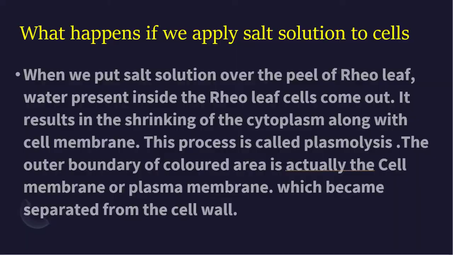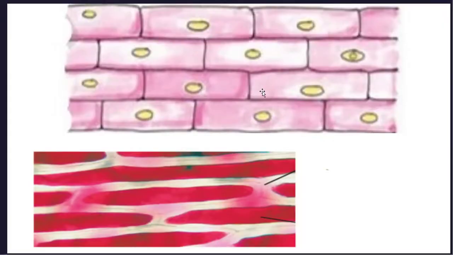And I want to show it again. This one is the cell wall and this one is the cell membrane. And I want to compare with the cells in the initial stage. When we add salt water over the cells, the cell wall and cell membrane will separate like this. The white area space is the shrunken area.